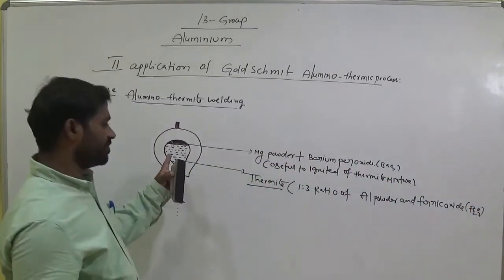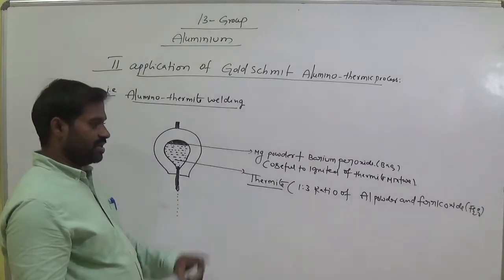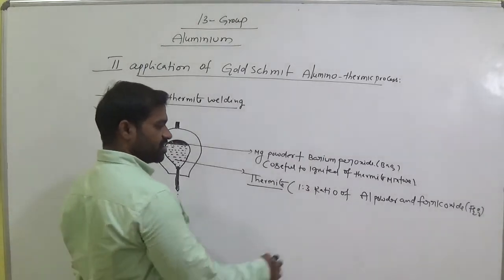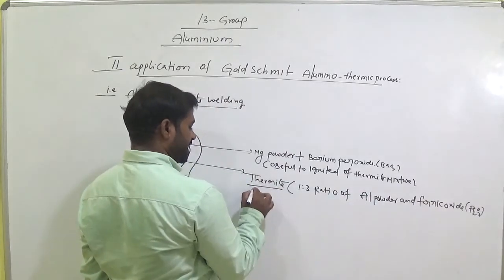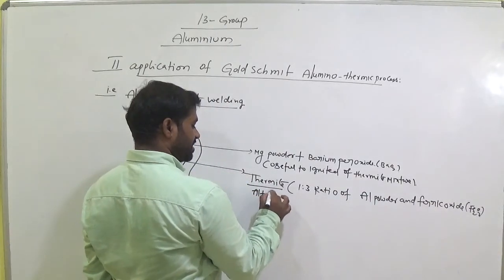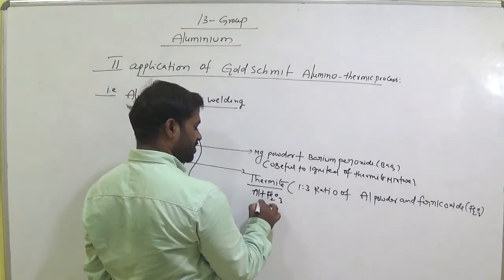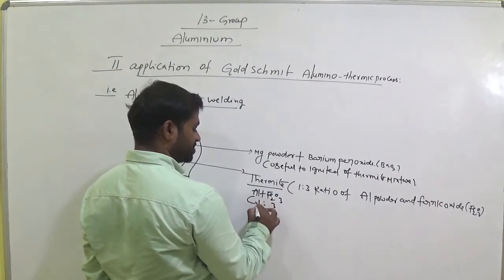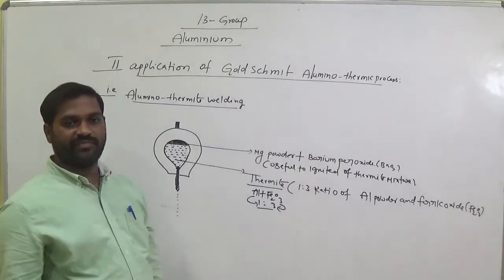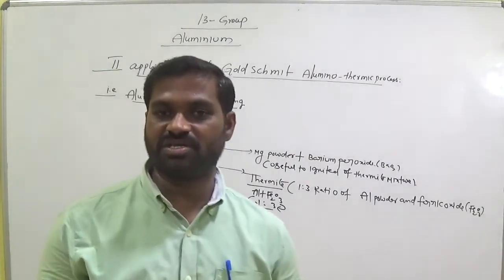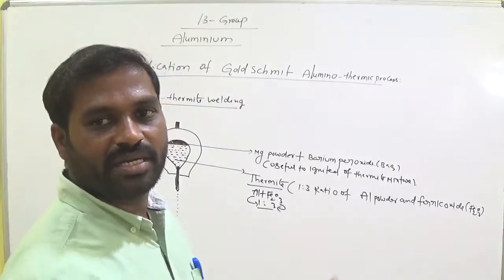This is the main compound here, aluminium and Fe2O3. This is called thermite. Thermite means aluminium plus Fe2O3 in a 1:3 ratio. This is 1, this is 3. Aluminium powder and ferric oxide mixed in a 1:3 ratio is called thermite mixture.